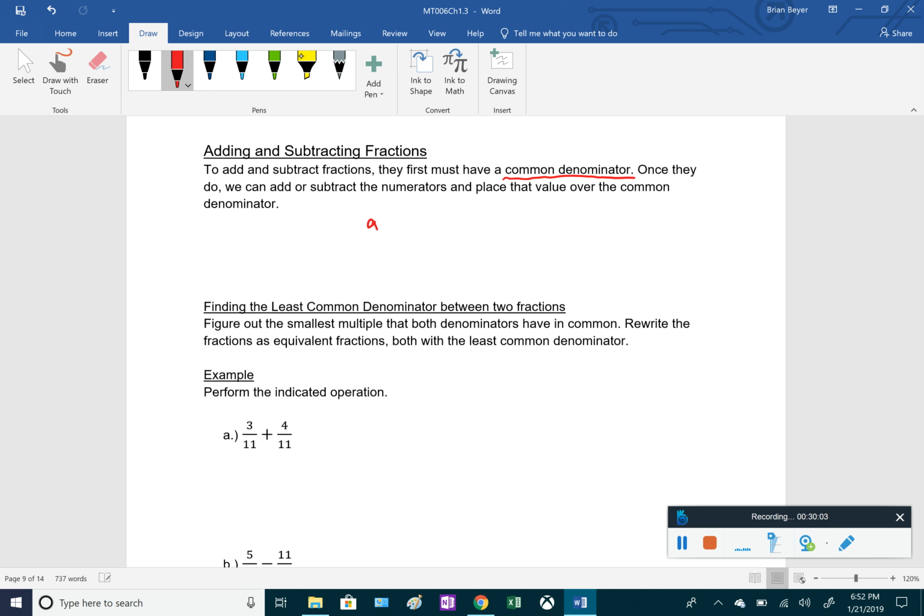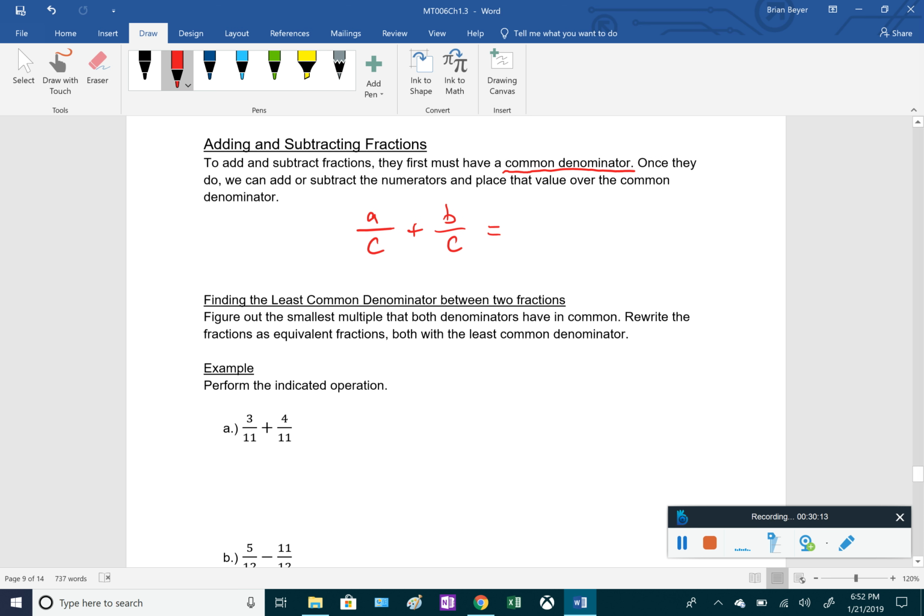So for example, if we have like a over c plus b over c, they have common denominators of c, so it's just going to be adding the numerators over that original denominator. Okay, so if they don't have common denominators, we have to find it. So we would have to find the least common denominator, which we denote as LCD.